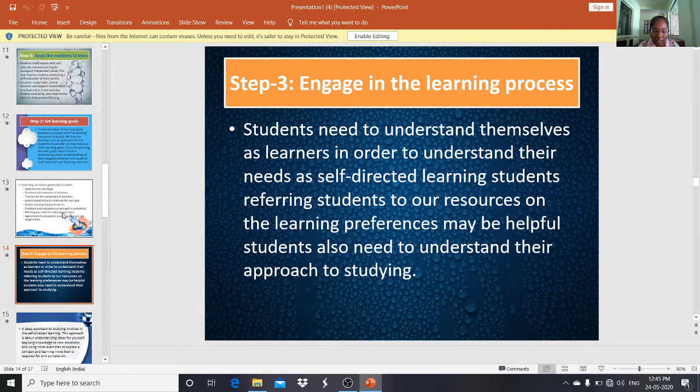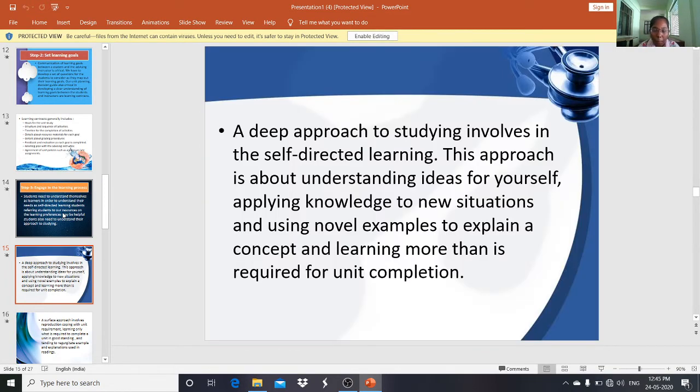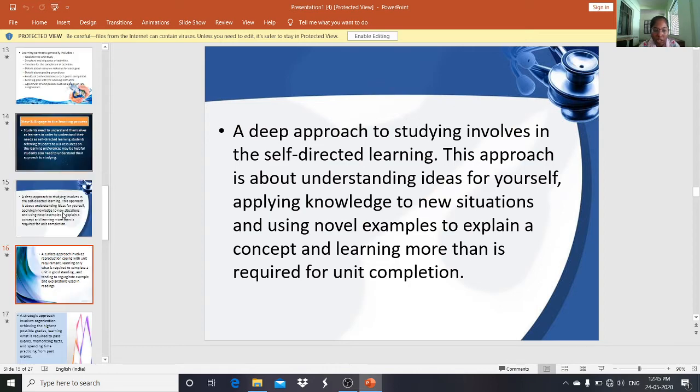This is engaging in the learning process. A deep approach to studying is involved in self-directed learning. This approach is about understanding the ideas for yourself, applying the knowledge in new situations, using novel examples to explain the concept, and learning more than required for the unit completion.